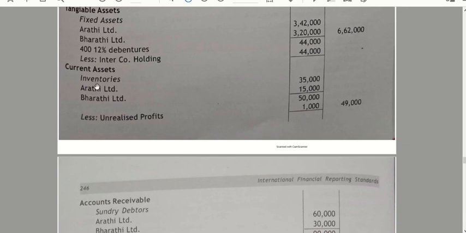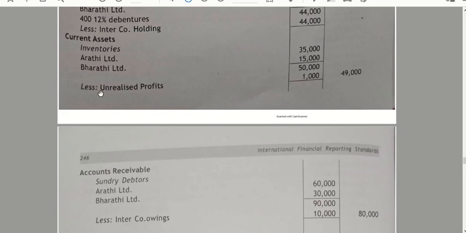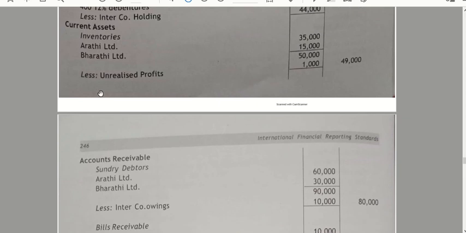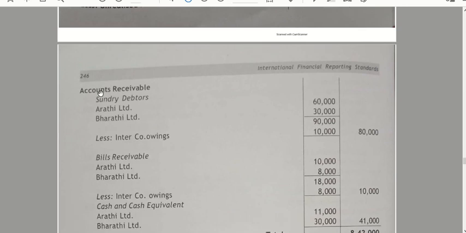Then we have current asset. Under that we have inventories. Aarti is 35,000, Bharati is 15,000. Total is 50,000. Minus your unrealized profit 1,000, 49,000.